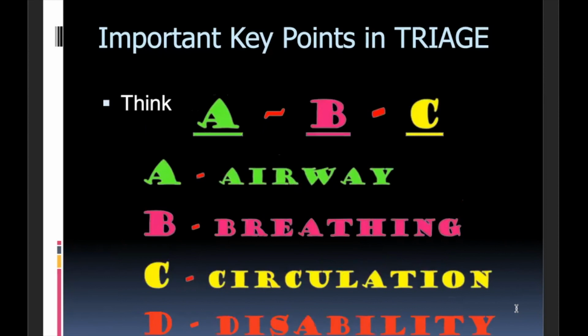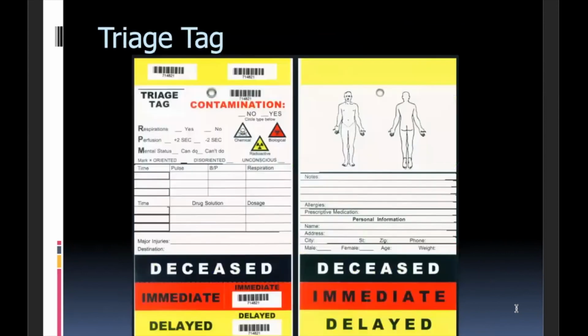And think the ABCDE approach to the client: airway, breathing, circulation, disability, and exposure, which we've already tackled earlier in this discussion. Okay, so this is the triage tag.